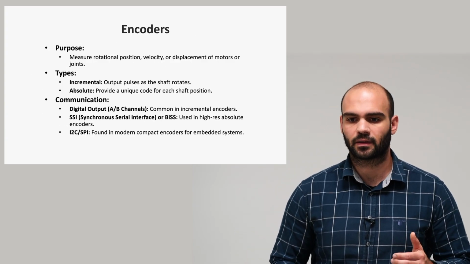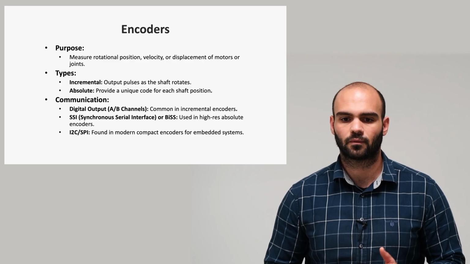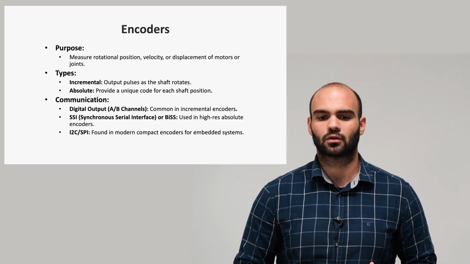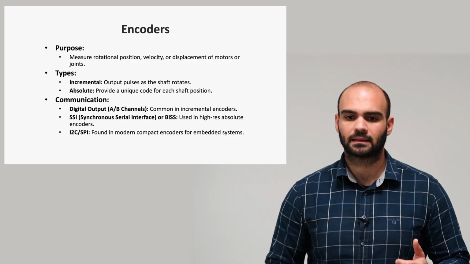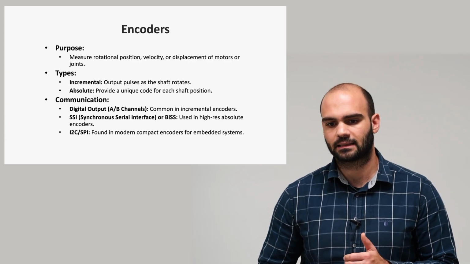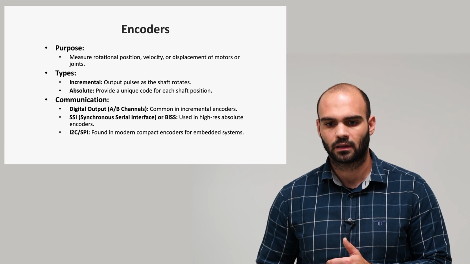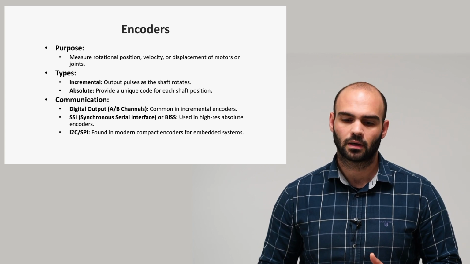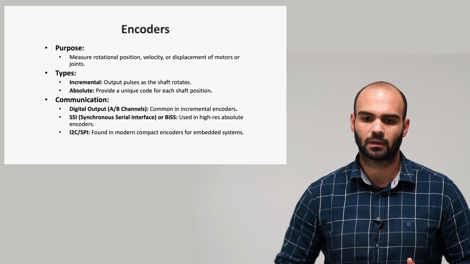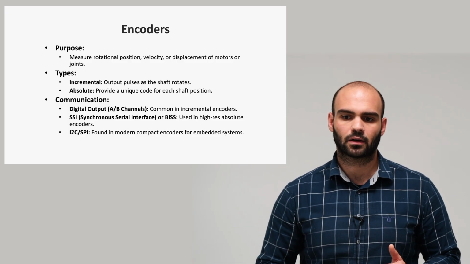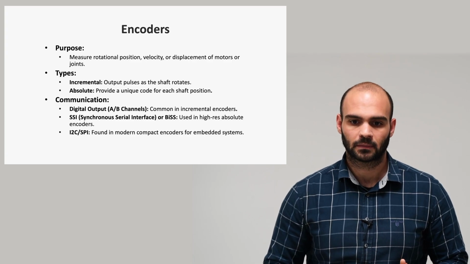Encoders are sensors that measure the rotational position, velocity, or displacement of motors and joints, making them critical for precision in robotics. There are two main types: incremental encoders, which output pulses as the shaft rotates and are great for speed and direction, and absolute encoders, which provide a unique code for each shaft position, perfect for applications where the robot must always know its exact position. For communication, encoders use different interfaces.